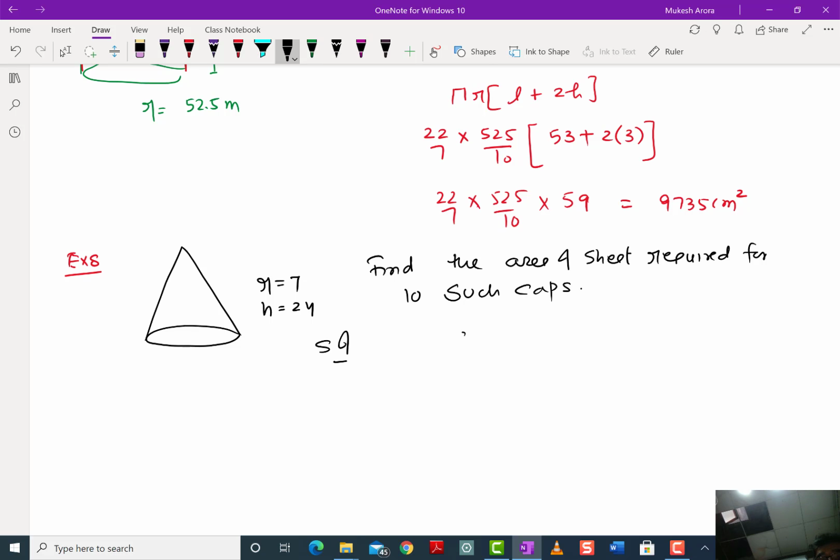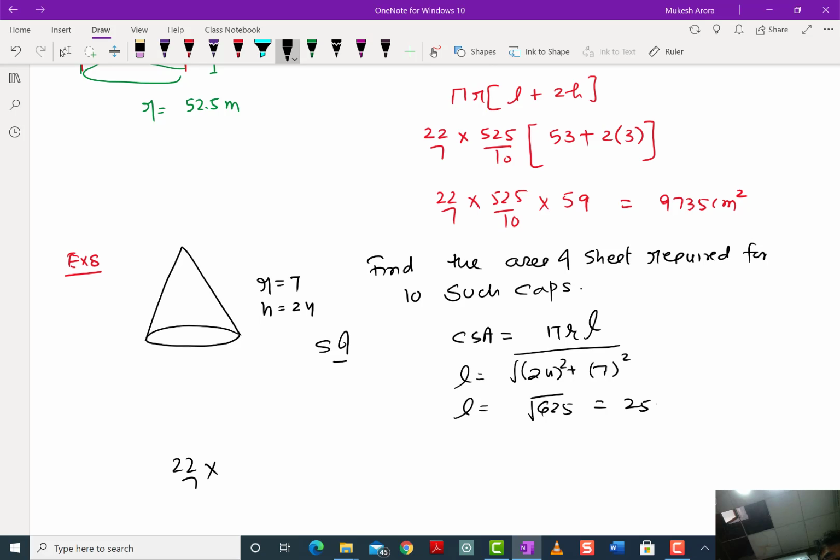So for one cap is CSA, which is pi r L. We don't have L. L is root of 24 square plus 7 square. So L is equal to root of 625 is equal to 25. So 22 by 7 pi r L, L is 25, and we require for 10 such caps. 550 into 10 is 5500 centimeters square.